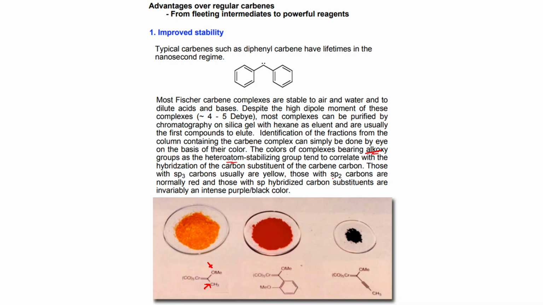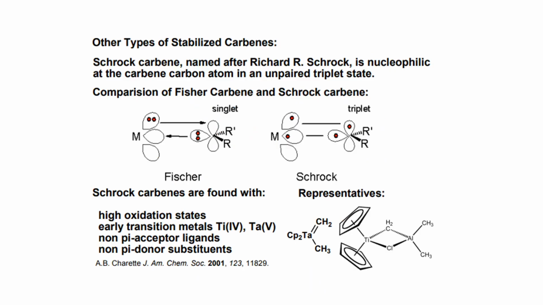And for sp2 carbons, you would normally see reddish type solids, and here you can see it is an sp2 carbon. So that's why it is red in color. And for sp, which means alkynes, you have this black color. Some kind of color representation.